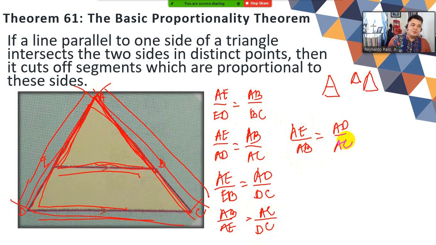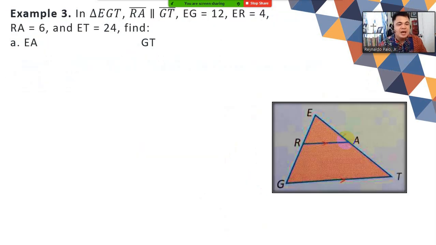These are the possible proportions that you can use in a specific example for you to be able to solve for the unknown value of the segment. Take note. Example 3. In triangle EGT, segment RA is parallel to segment GT. You have to label the measurements if there is no label.